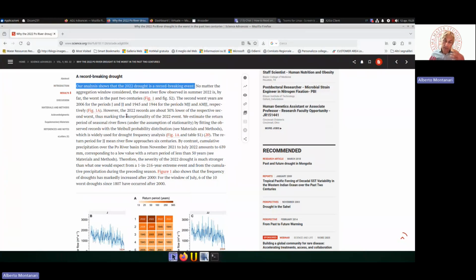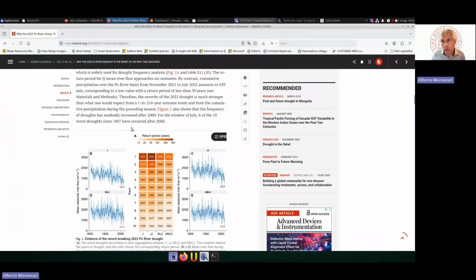So I am expecting that, in particular for a very generalist journal like Science or Science Advances, the presentation of the results is immediately accompanied by a figure in order to make the technical details clearer. And in fact, if you read the text here, you will find that figure 1 helps a lot in summarizing the results.